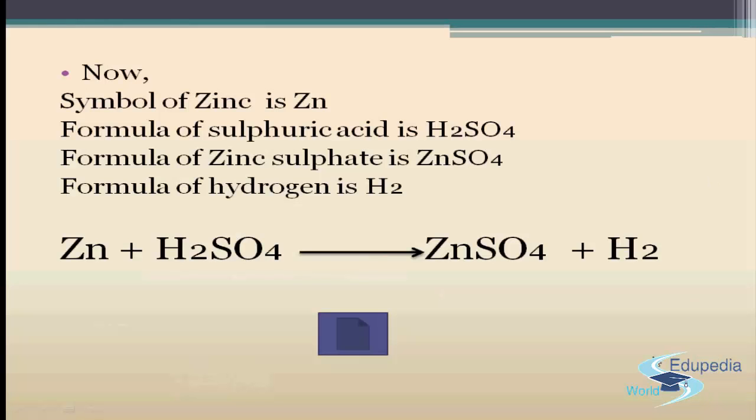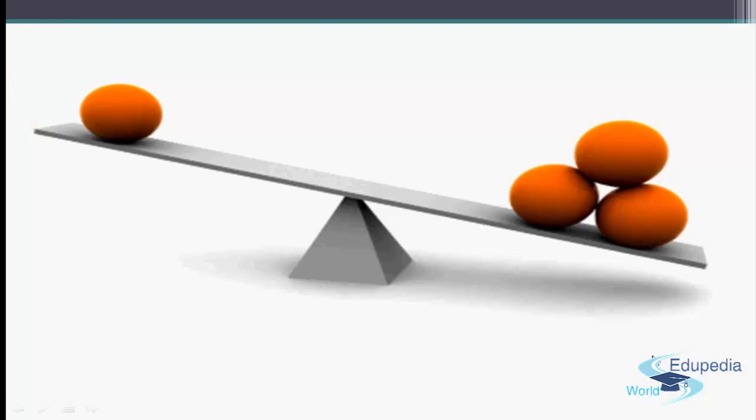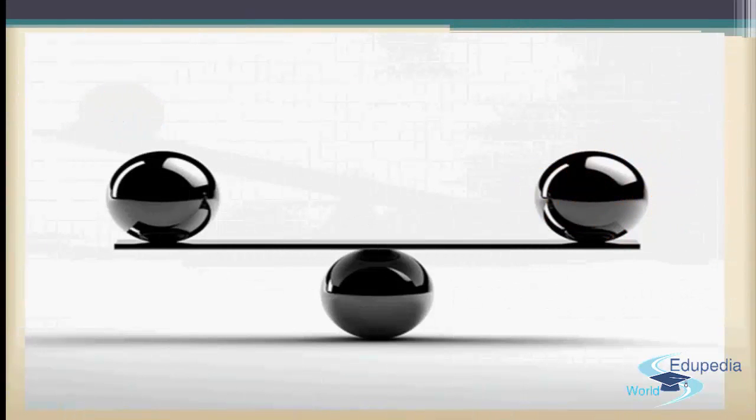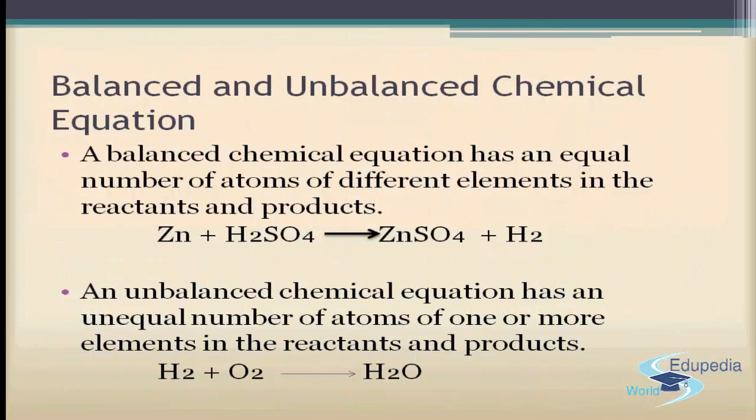So friends, now let's see this image carefully and this one. Now you can differentiate which one is more balanced. Yes, this one is more balanced if we compare it with the first one. So if we understand in terms of chemistry, the language of chemistry, we'll understand like this: balanced and unbalanced chemical equations.